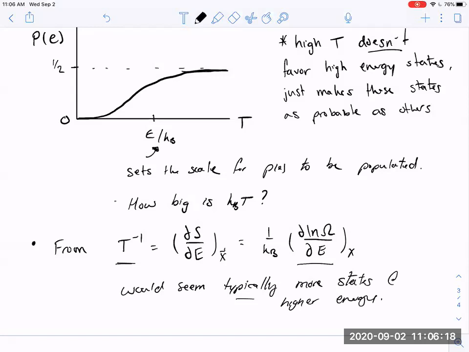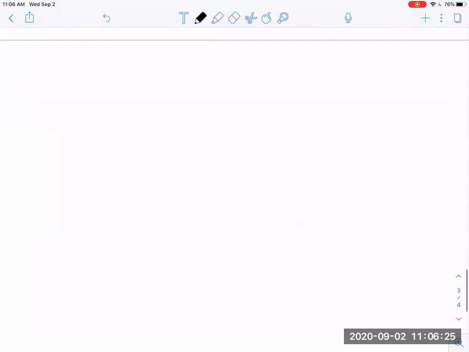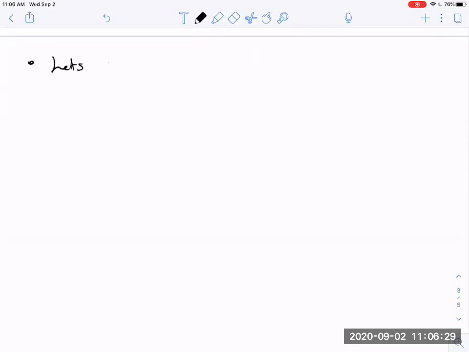Before we go there, we should really try to convince ourselves that this definition of temperature is actually reasonable. So let's continue thinking through it. Let's go back to isolated systems to do that.